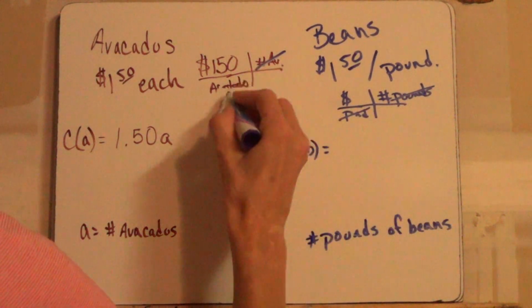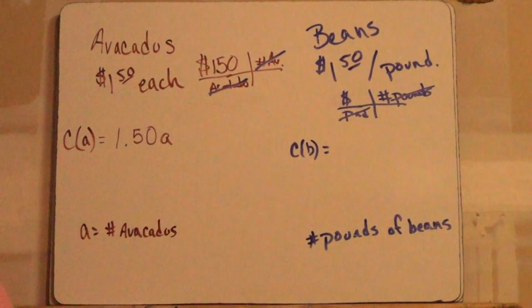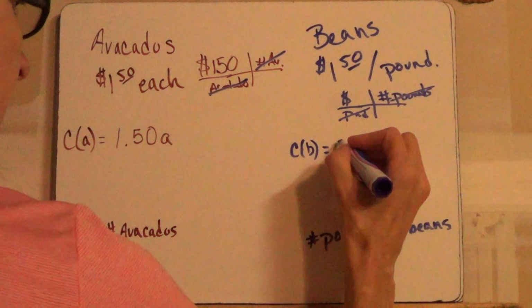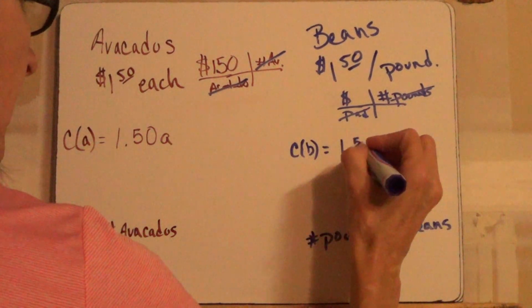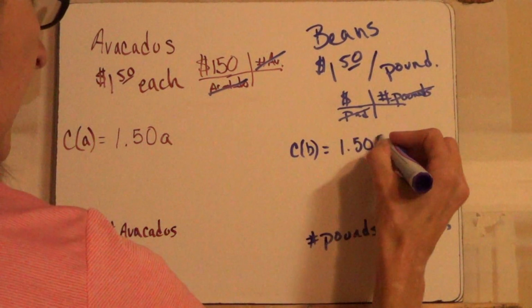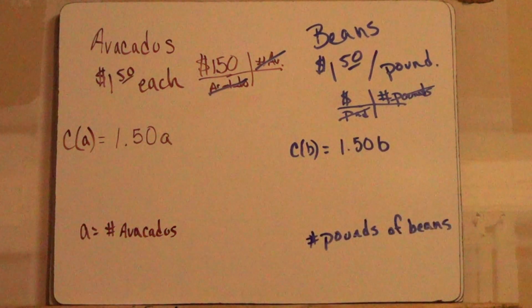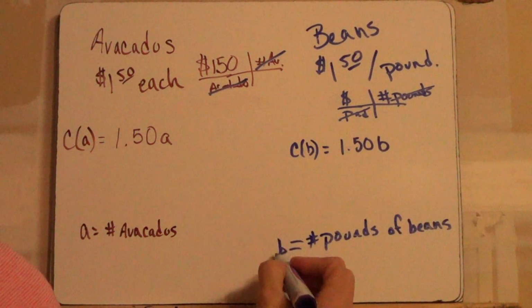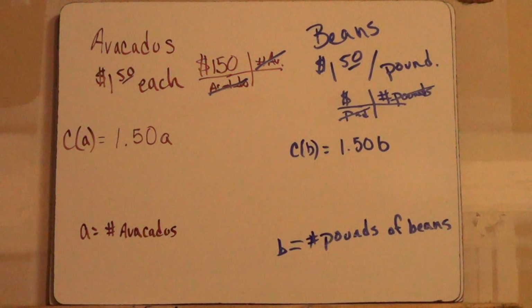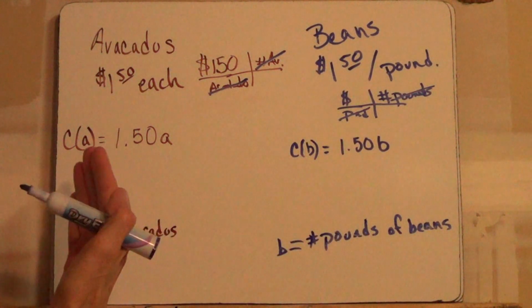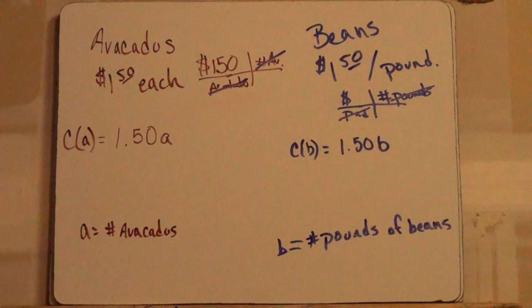Same thing as here, cancel our number of avocados out, have the dollars. So this time it's $1.50 B, and B is our pounds of beans.